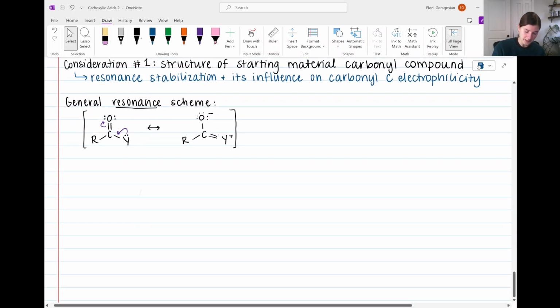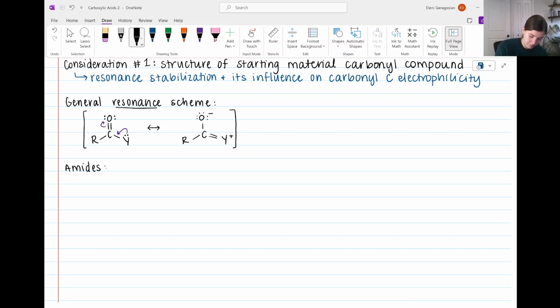So let's start with amides. So amide structure, we have the acyl group bonded to a nitrogen.